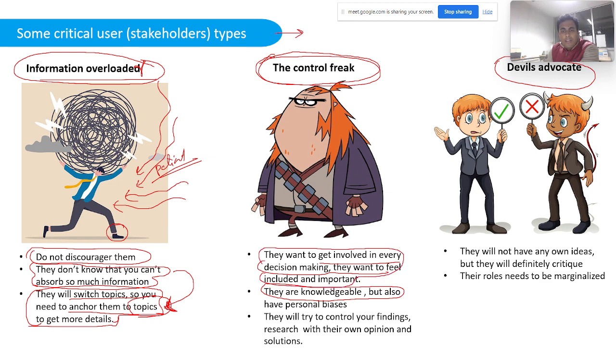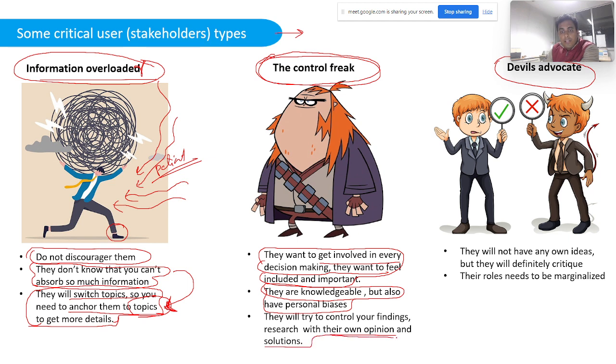Though they are very knowledgeable and can give you a lot of insights, sometimes their information can include their personal biases. So try to be specific to your requirements, try to avoid those personal biases, and try not to fix yourself on their opinions and solutions.